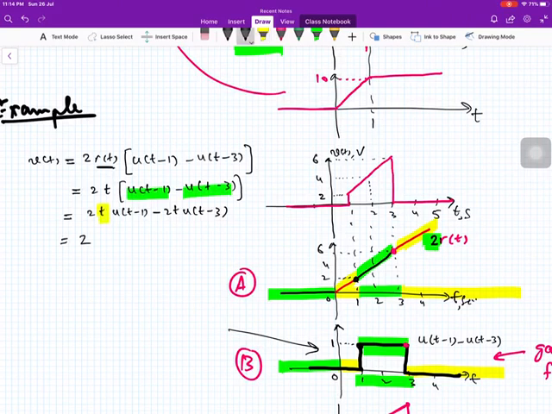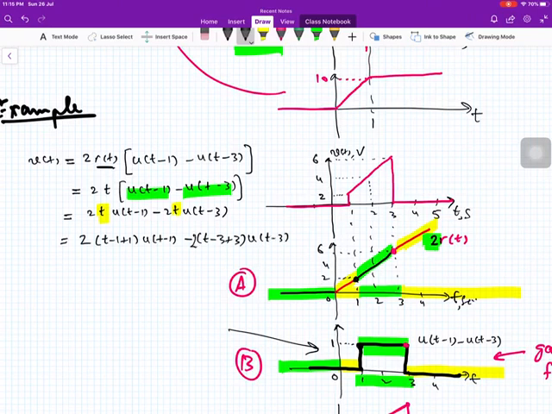We show it like (t-1+1) multiplied by u(t-1) minus, and this t we show as (t-3+3) multiplied by u(t-3).